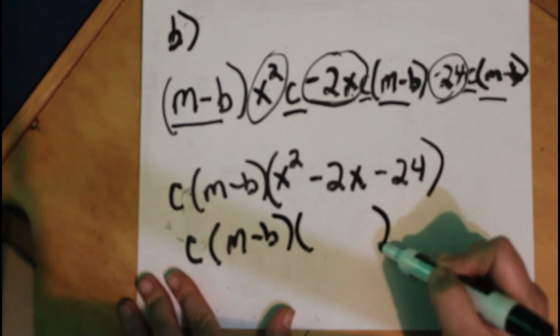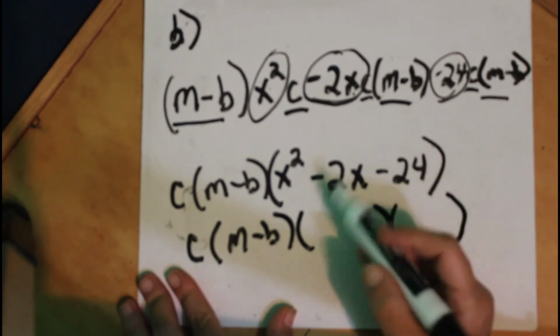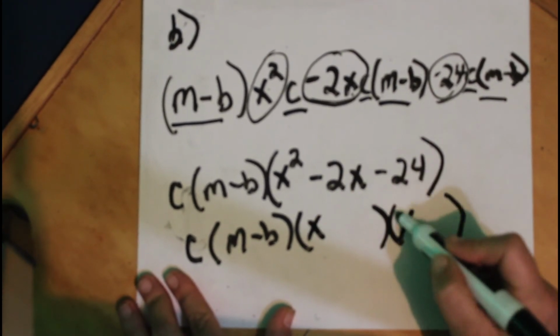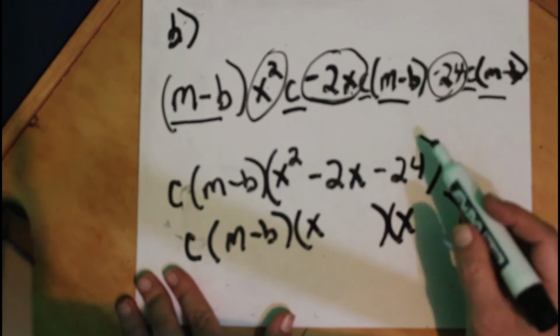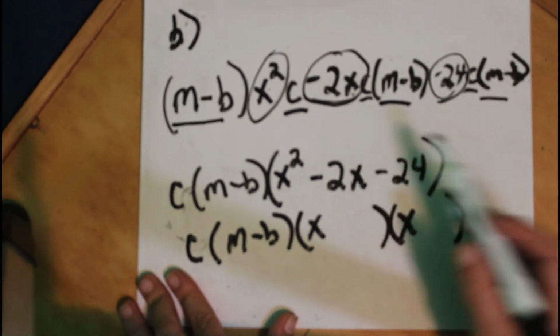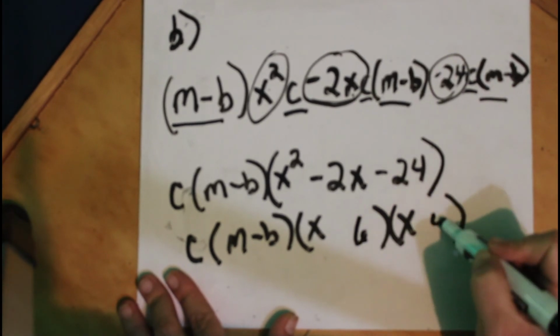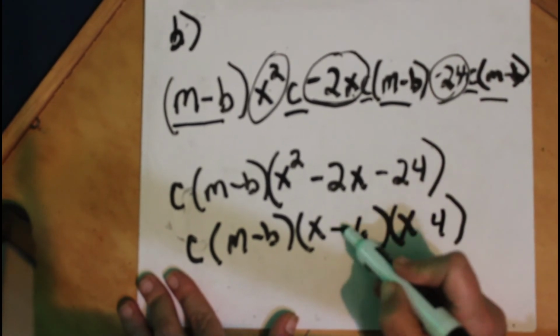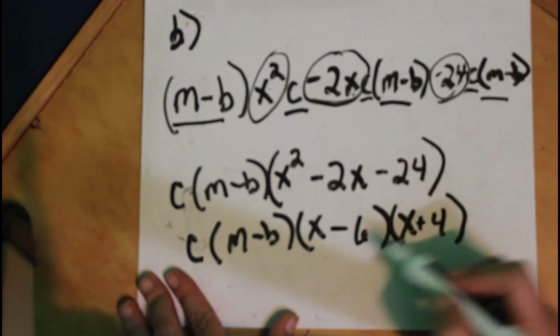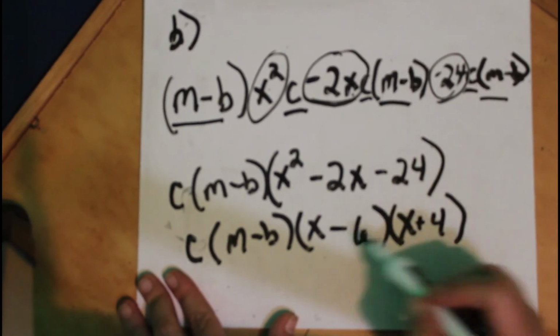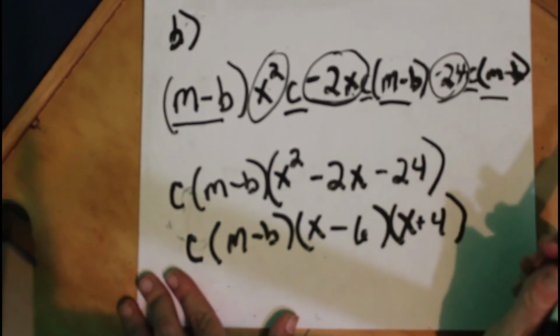And then we're going to put two parentheses for our trinomial. And x comes first because x times x is x squared. And then something that multiplies to 24 and then adds to negative 2. 6 times 4 is 24, and then negative 6 and positive 4 would be negative 2.